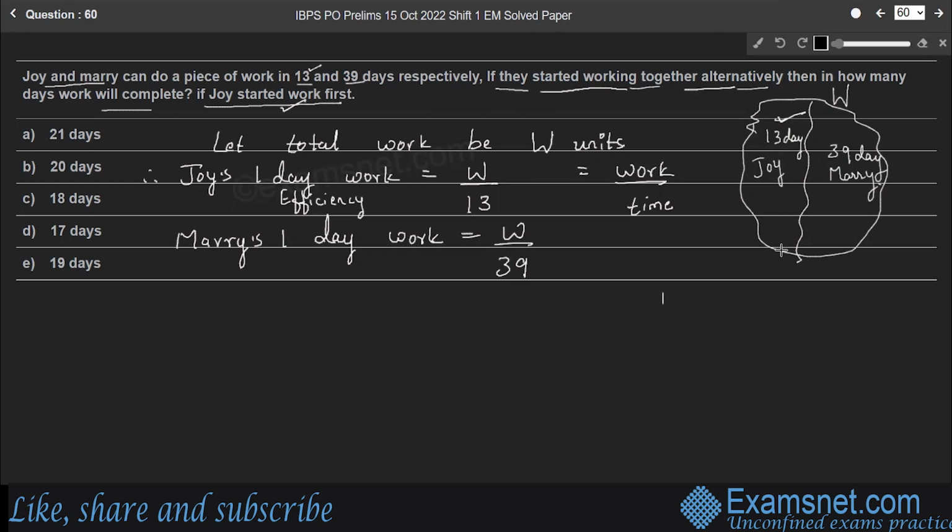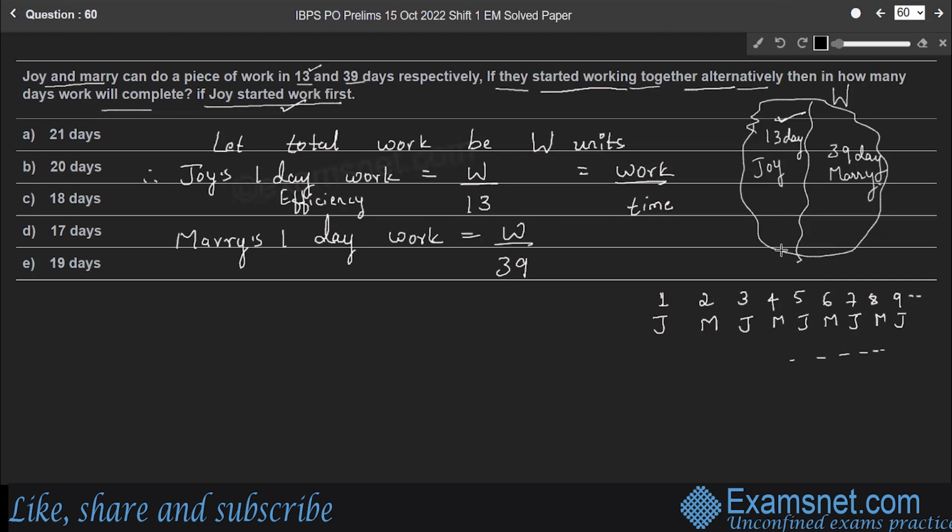That is, on the first day Joy does the work, and on the second day Mary does the work, third day again Joy, fourth day Mary, fifth day Joy, sixth day Mary, like this. Seventh again Joy, eighth day Mary, and ninth day again Joy. Like that it continues. Totally how many days do they take to complete the W units of work?